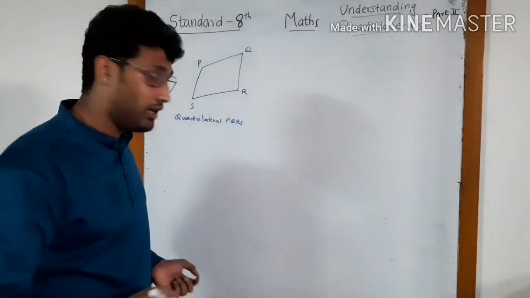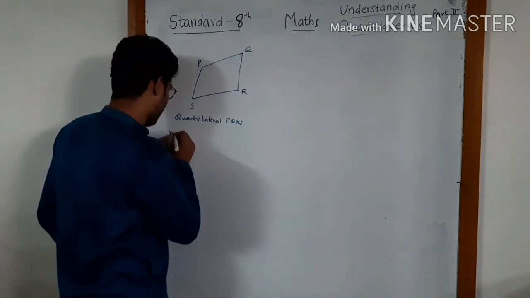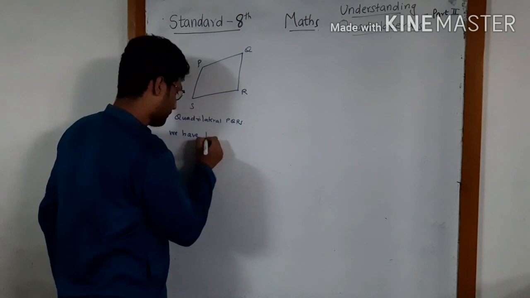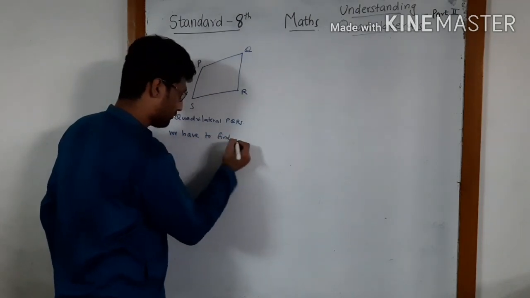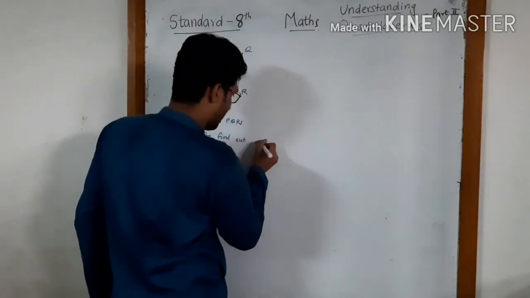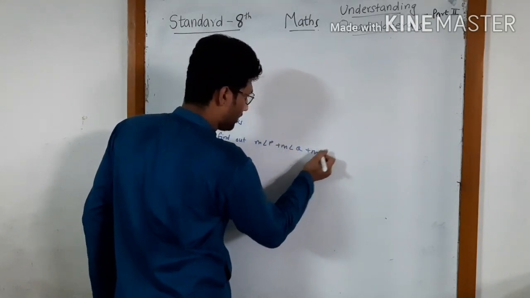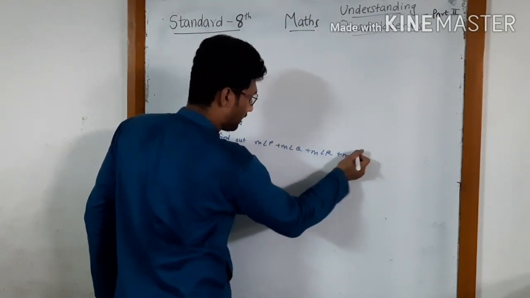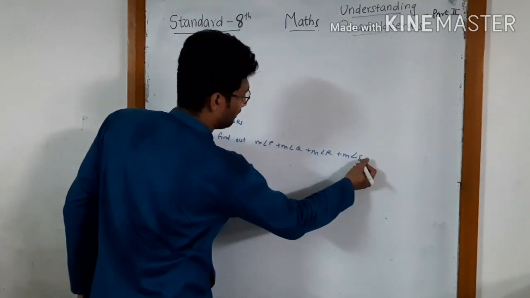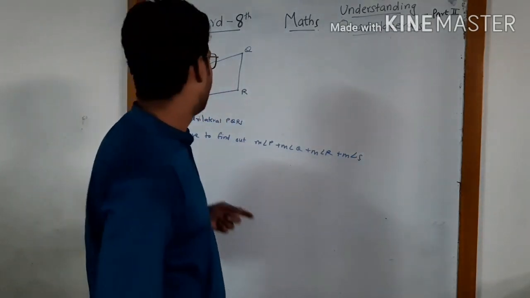And what do we have to find out? We have to find out measure angle P plus measure angle Q plus measure angle R plus measure angle S. This is what we have to find out.